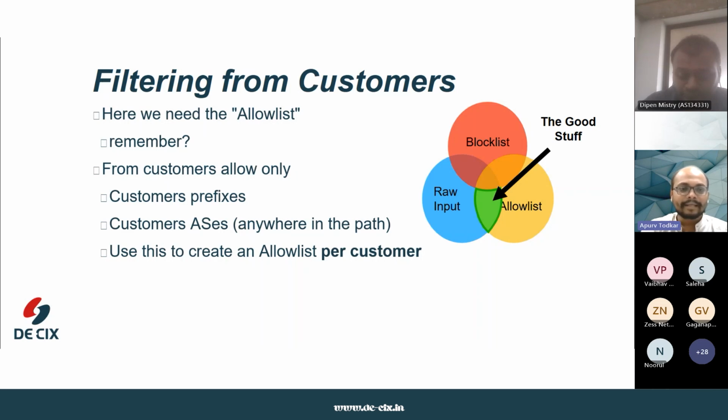For example, at DE-CIX, we ask our customers to provide this AS set. Then our route servers expand this AS macro with the use of software, and based on that software, they create filters for every customer. This means that for each customer, you need to maintain a specific list of prefixes and ASNs, which is complex, but it is actually necessary for the operations.